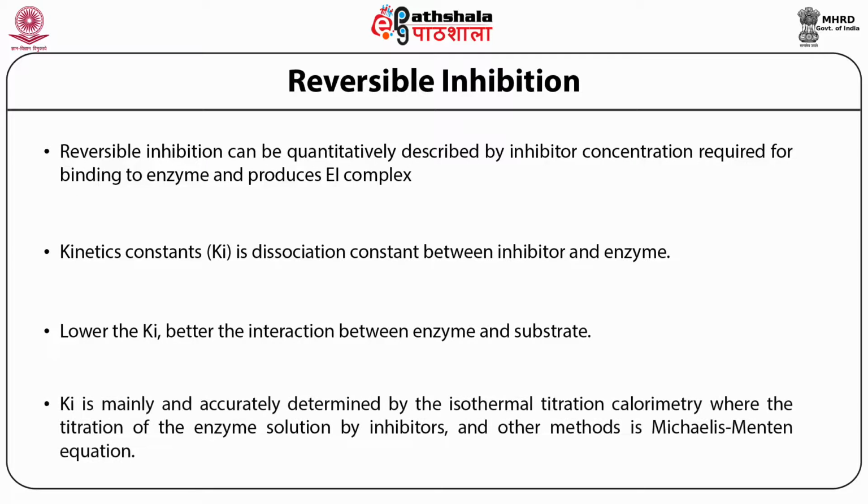Ki is accurately determined by isothermal calorimetry, where titration of the enzyme with the inhibitor is done, or by other methods like the Michaelis-Menten equations. In this way, we have learned how reversible inhibition is analyzed.